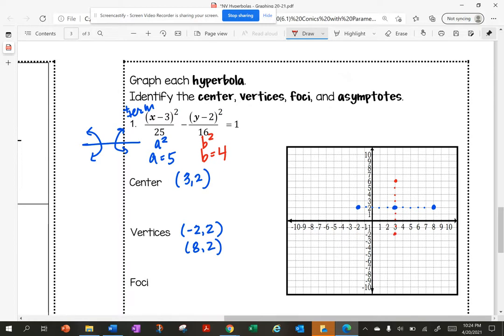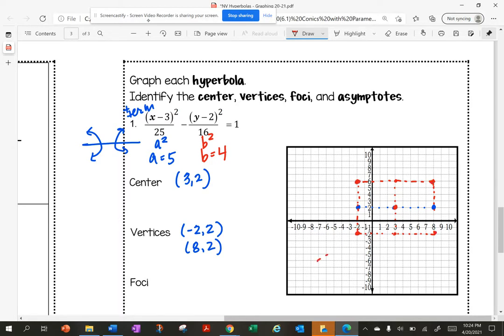Okay, and then I'm going to make a box from these. Okay, so here's my box. I'm going to draw my box in. And then my asymptotes are going to go through the corners of the boxes and the center.